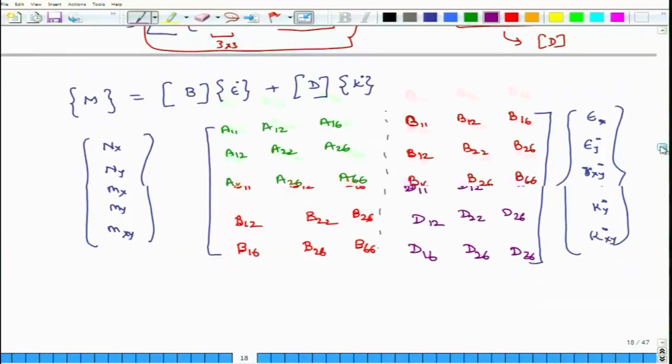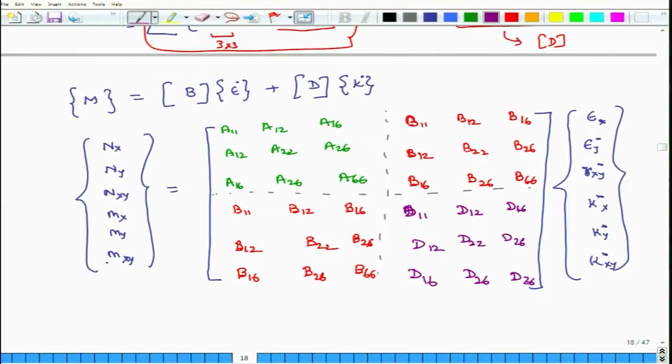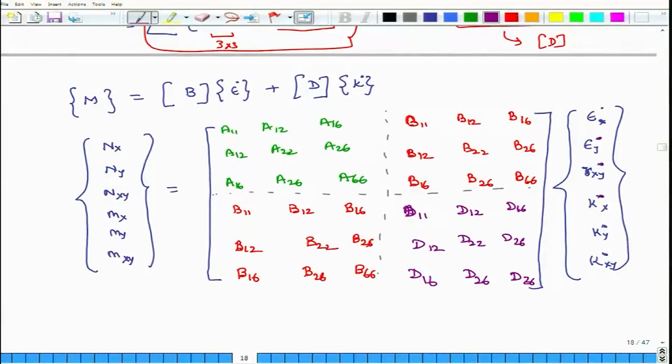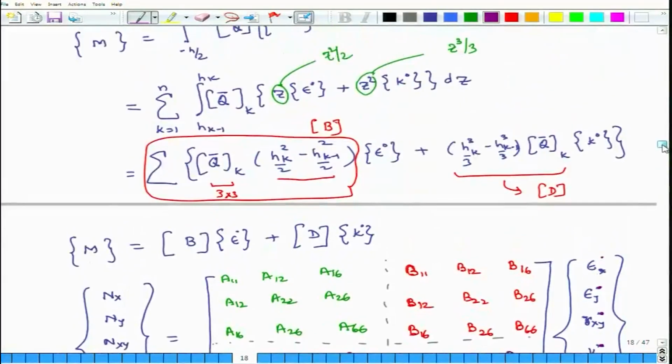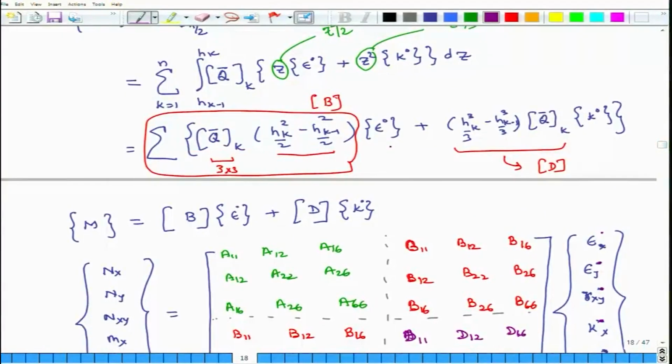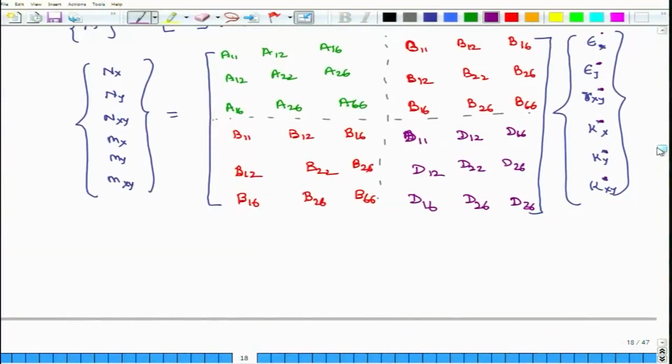So, if you know the force and moment resultants on the edge of a plate, you can calculate all the mid plane strains and mid plane curvatures with the help of the A, B and D matrix terms. The definitions of A, B, D we have already described using these relationships. You compute these parameters layer by layer and add them up for all the layers, and you will get the individual A, B and D matrices.